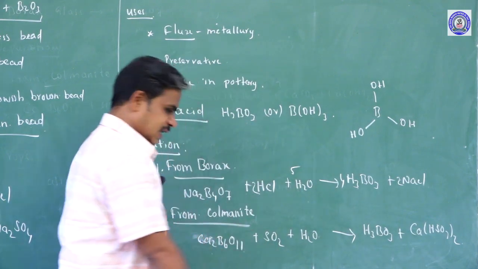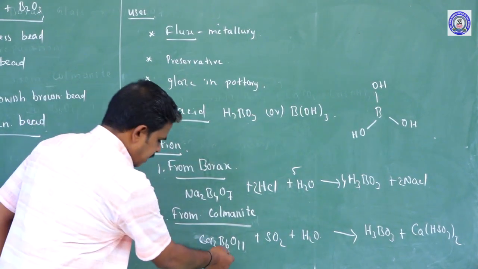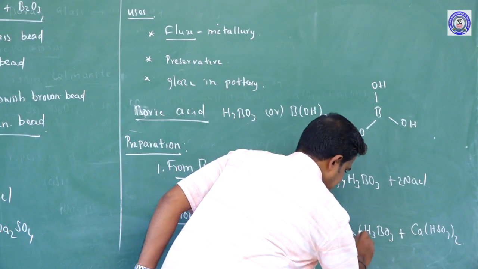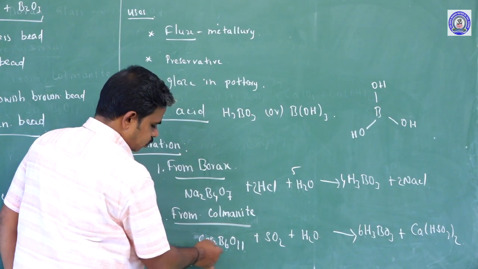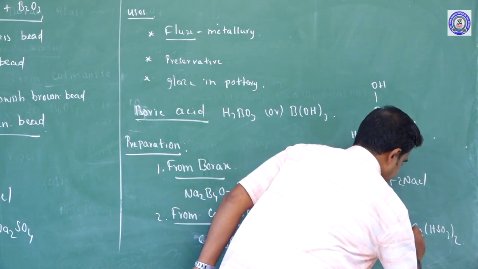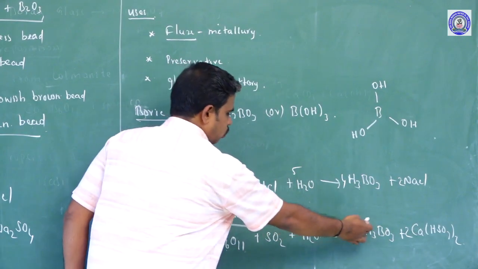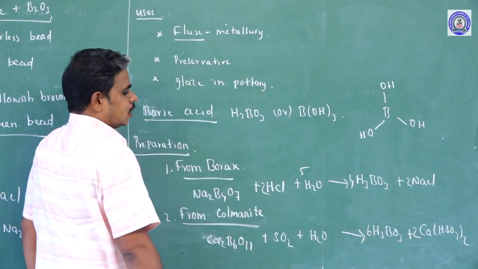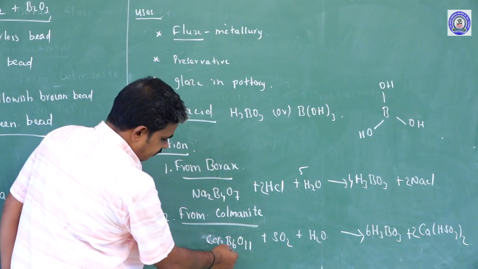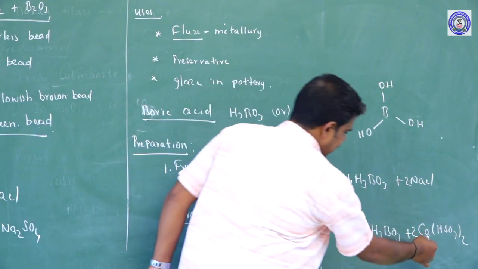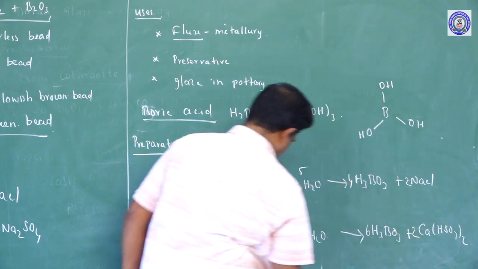Now, balance this equation. How will you balance? B6, so that is 6, and 2 calcium, so here 2 calcium, so boron is balanced and calcium is balanced. Now sulfur, 2 into 2, so 4 sulfur.